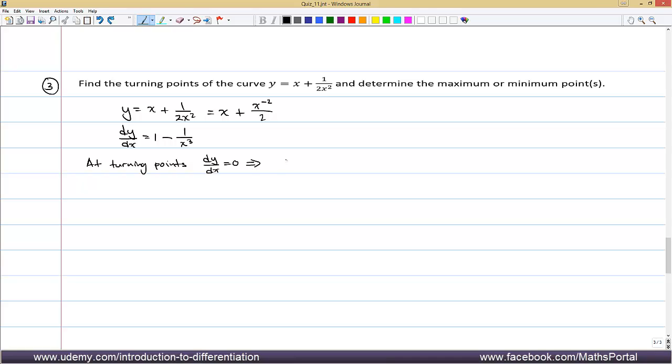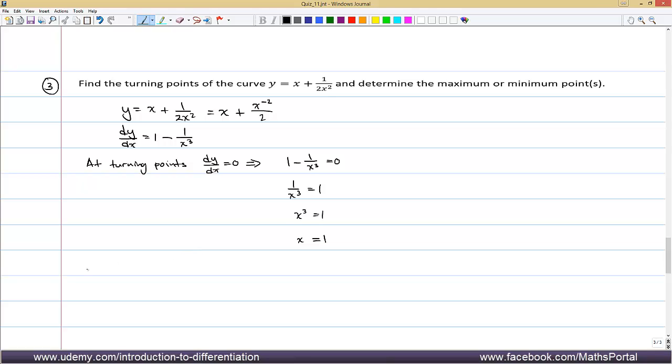So 1 minus 1/x cubed is equal to 0. Moving minus 1/x cubed over to the right, that is equal to 1. So x cubed is equal to 1, and x is equal to, not square root, cube root of 1, which is also 1.